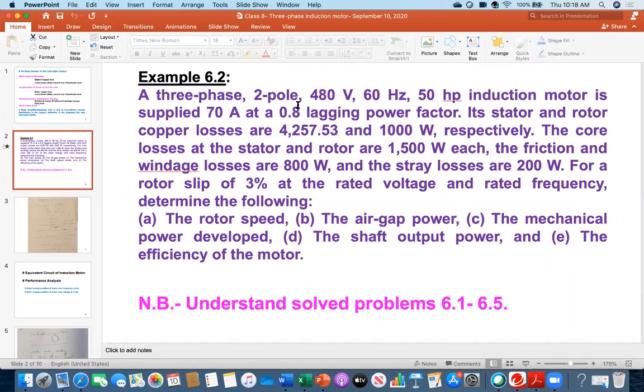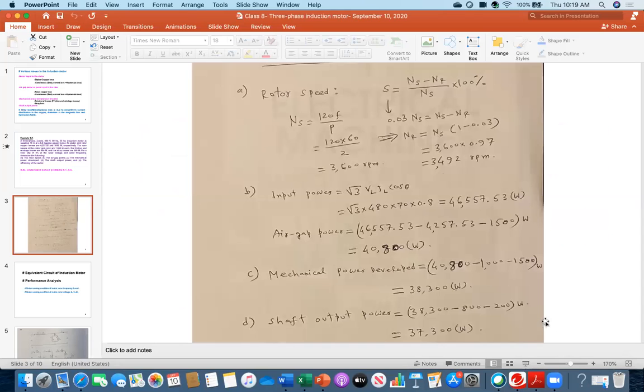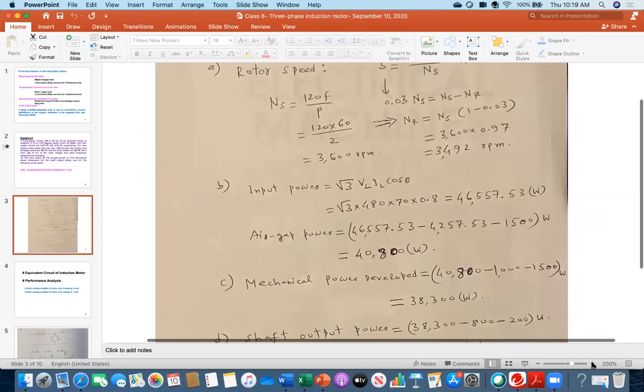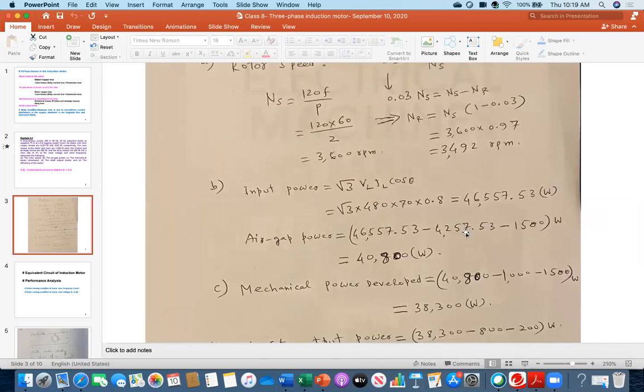From the input power, first I am subtracting this one. Then the third sentence: the core losses of the stator and rotor are 1500 watt each. This means 1500 watt is the core loss, the same for both stator and rotor, so I am subtracting that number 1500. First number is stator copper loss, second number is stator core loss. After subtracting, I got approximately 40,800 watt. That is my air gap power, or input power to the rotor.